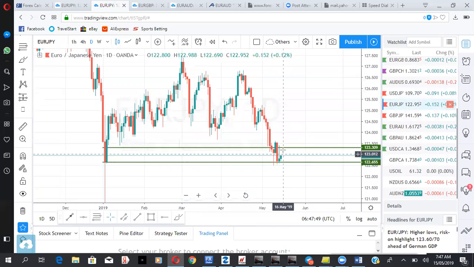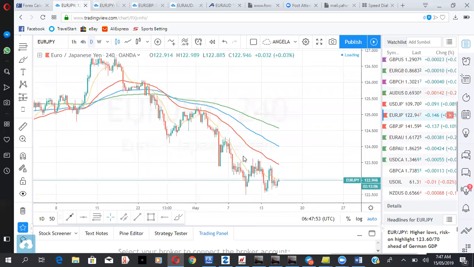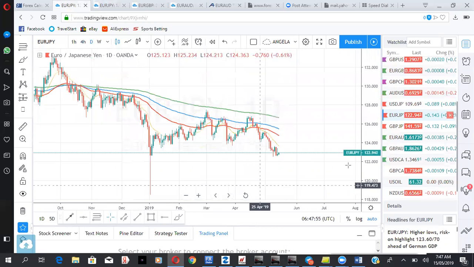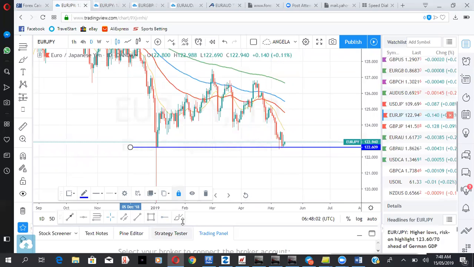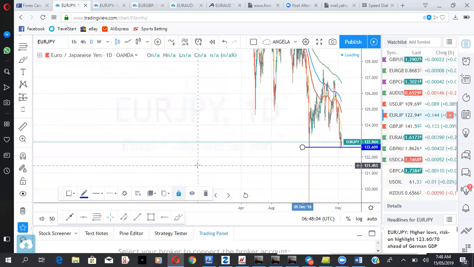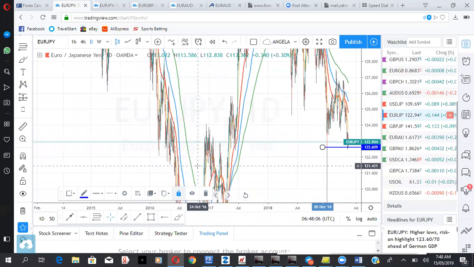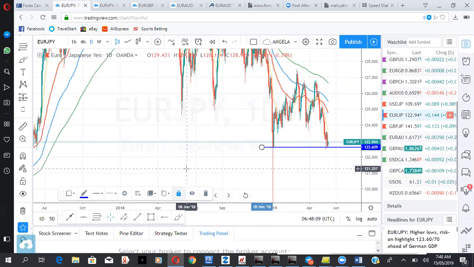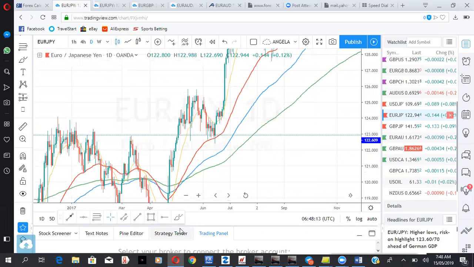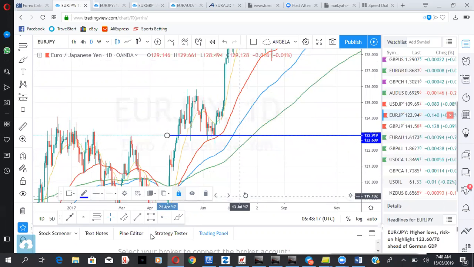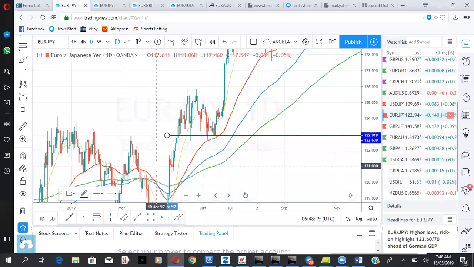If I switch this to my daily time frame, we have this level of support, the first level of support. Let me look to my left to see if I have any other level there. I think I might have something here, and I might have something here.